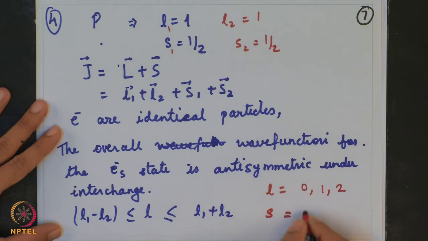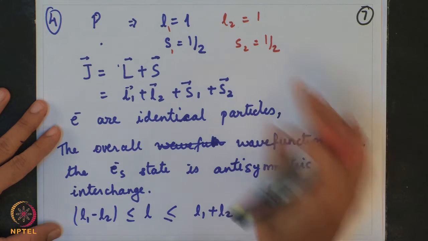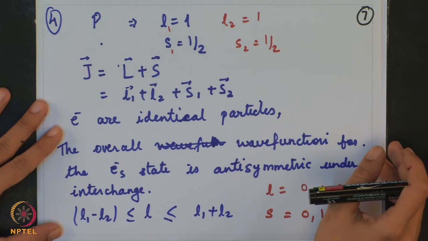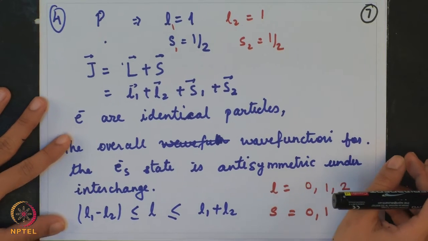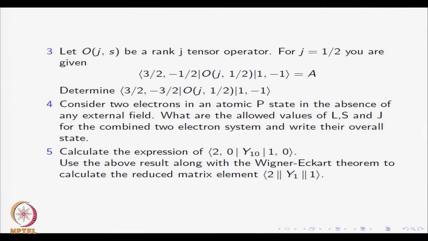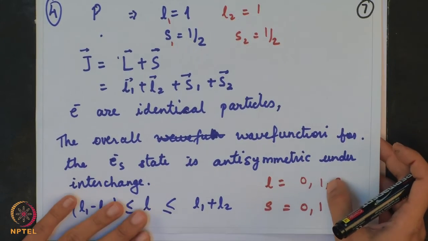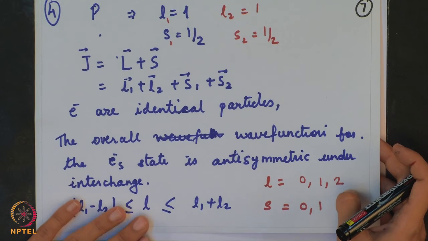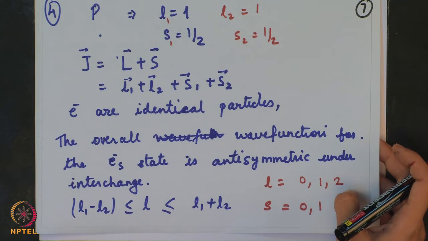And S can take values 0 and 1 because you have one half as the electron spin. So, this would give us the possibilities. Now, with these possibilities you have to make combinations only which are allowed.